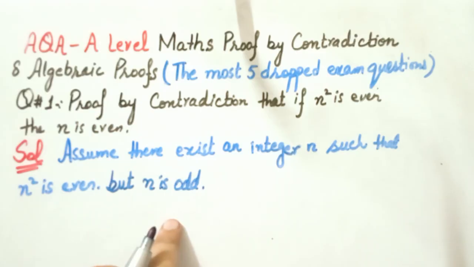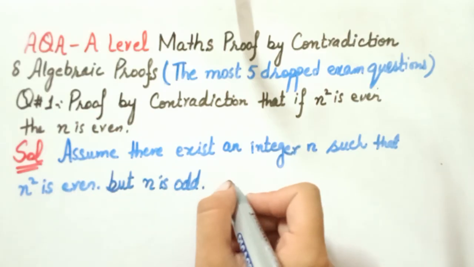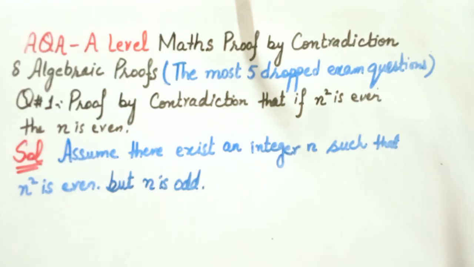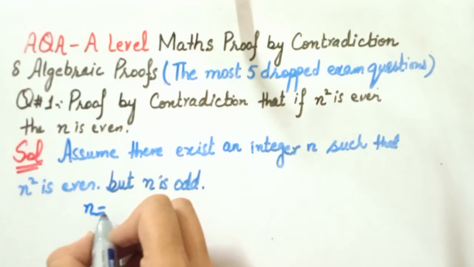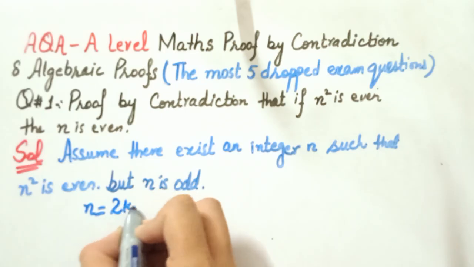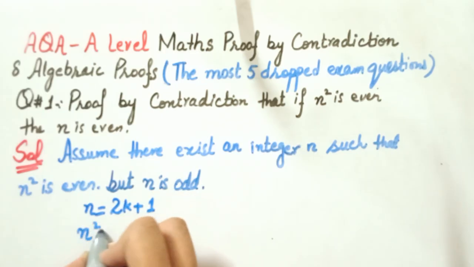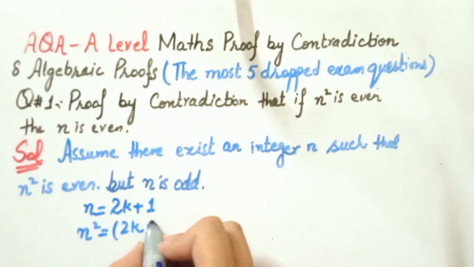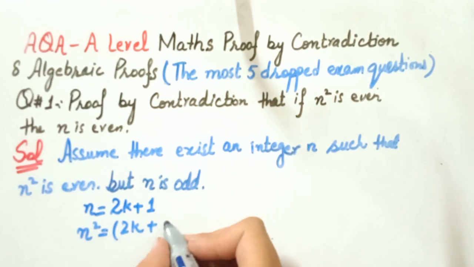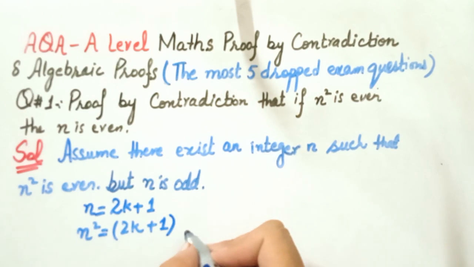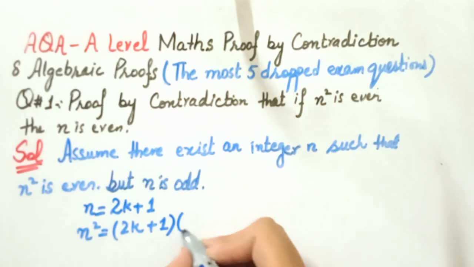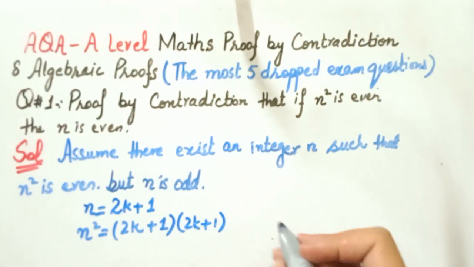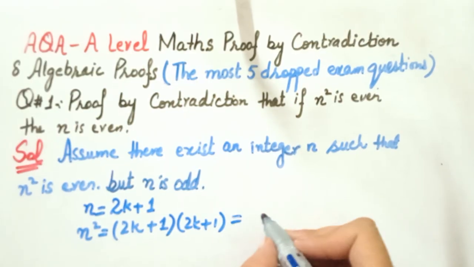Now if n is an odd integer, how do we write it algebraically? So we will write this as n equals 2k plus 1, and then n square is (2k plus 1)(2k plus 1).